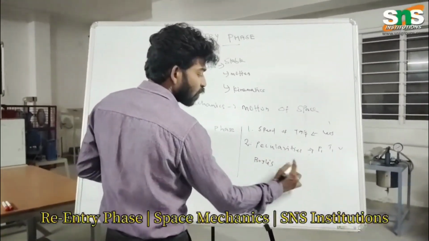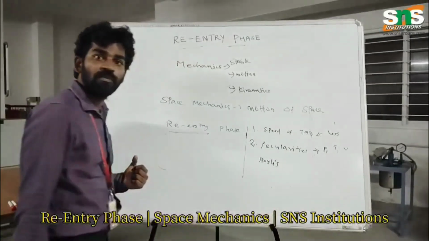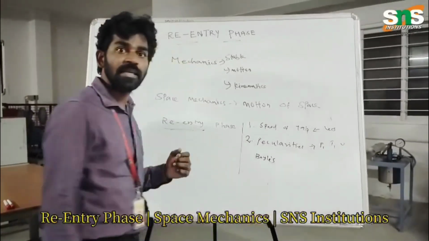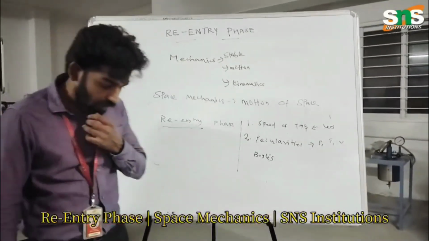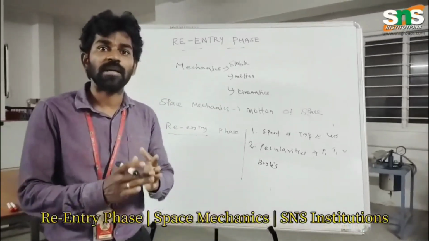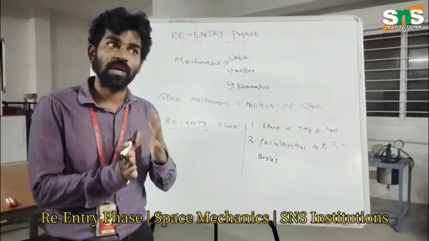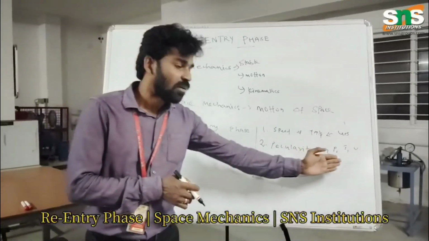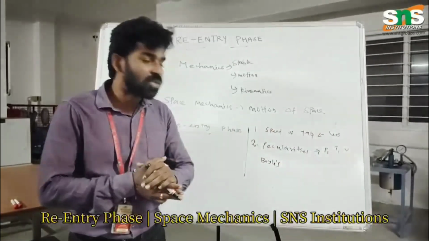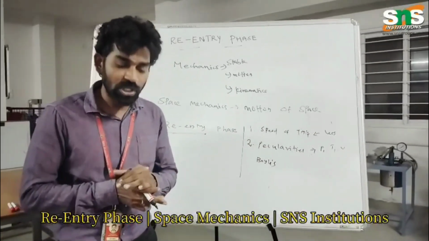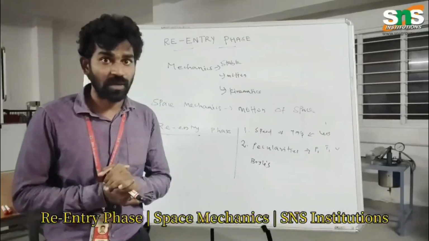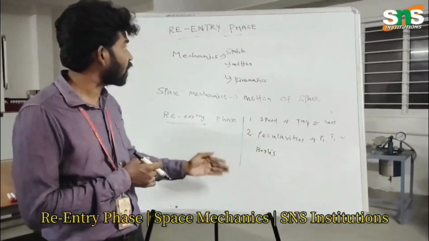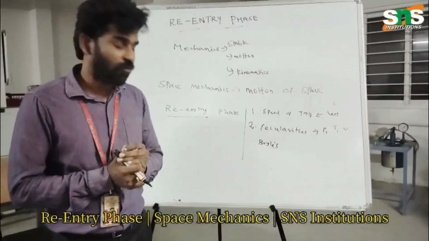Boyle's law means pressure P is inversely proportional to the volume, within the limit of the particular size of the object that obeys Boyle's law. For temperature and volume, it goes up to the condition of Charles's law. So these are the peculiarities in the motion of the re-entry phase.